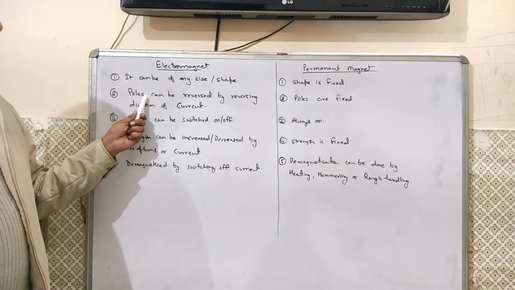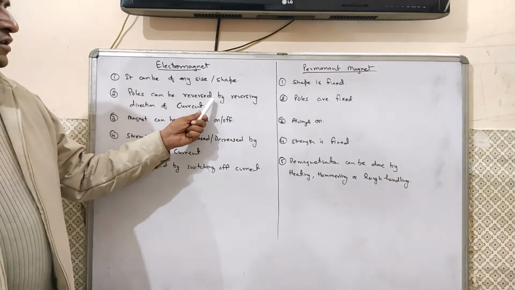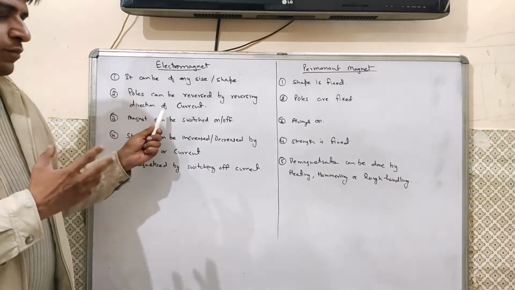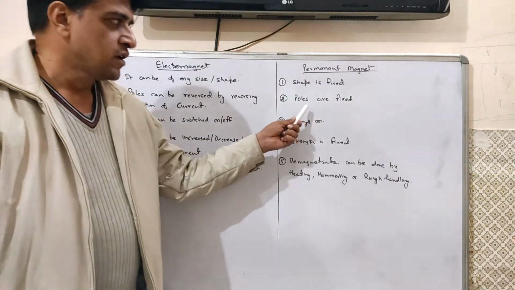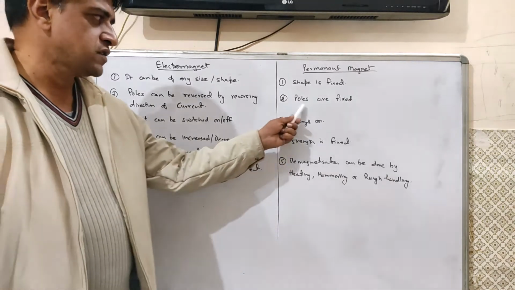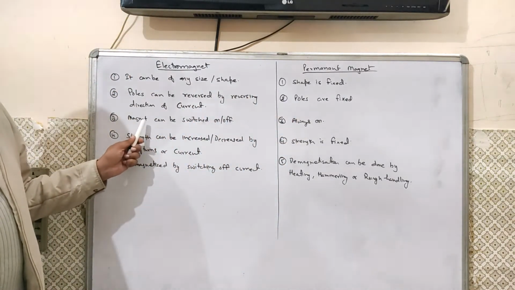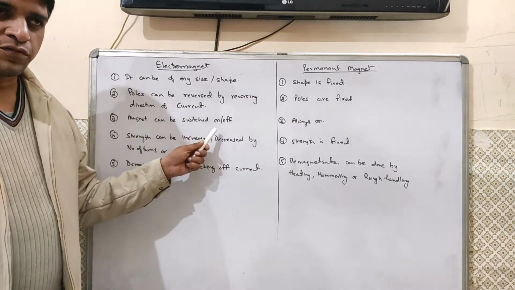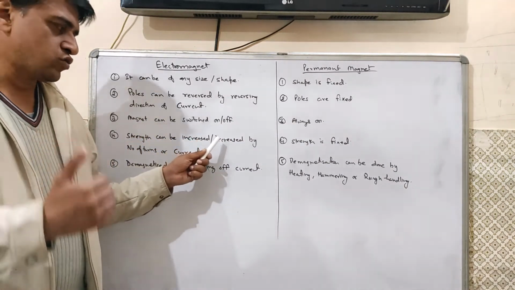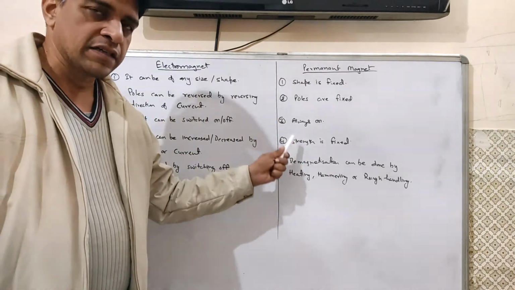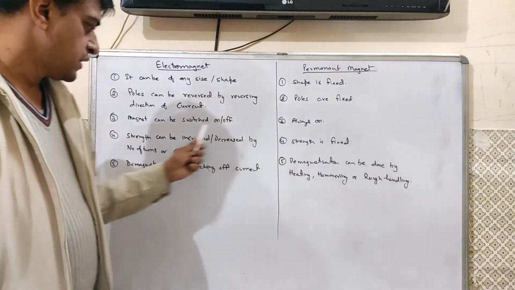Second, the poles of an electromagnet can be reversed by just reversing the direction of current. But in a permanent magnet, the poles are always fixed. The north remains north and the south remains south. Third, an electromagnet can be switched on or off by switching the current on or off. But a permanent magnet is always on.